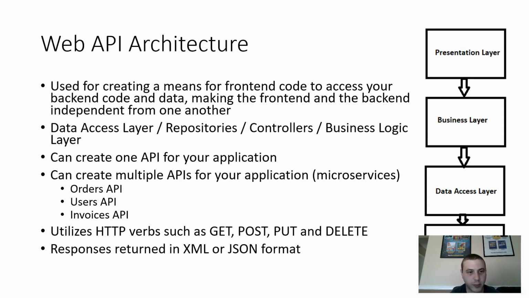So for an example, let's say that you have a presentation layer, an Angular app, or an ASPX application, a web forms application, and you wanted to do something with an order. You would hit the orders API, so you would hit that server for the orders API, and that would do interactions with the order, and it would hit other APIs internally if it needed to. And then the same thing with the users.